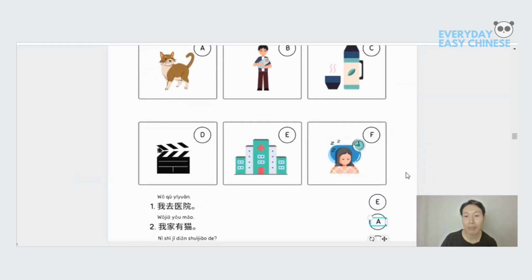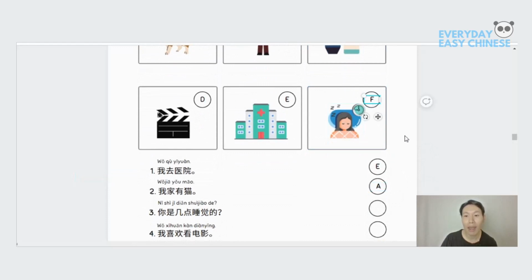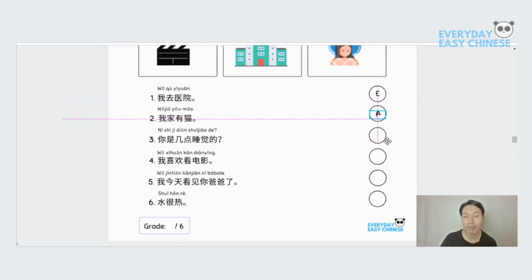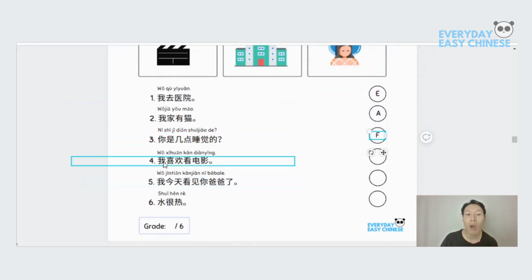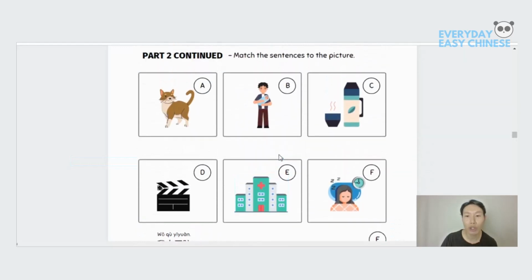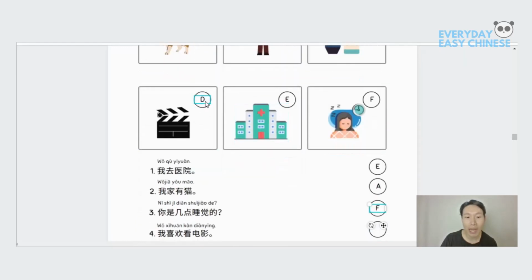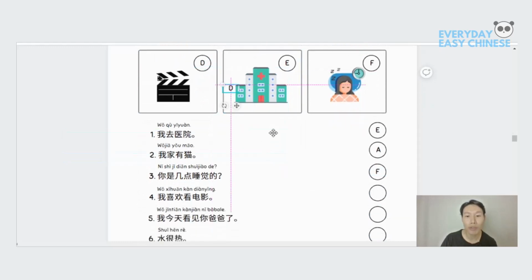We can see someone sleeping here with a clock, so F. 我喜欢看电影. So if we look over here, I like to watch. 看 means to watch. 电影 means movie. So we have I like to watch movies.